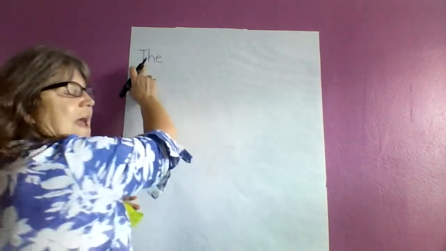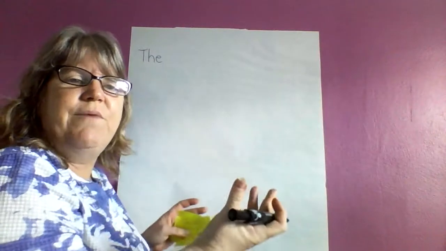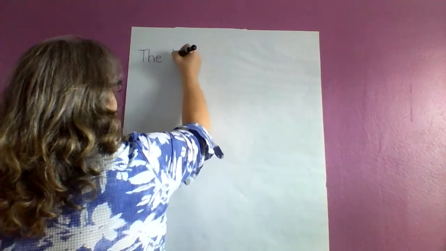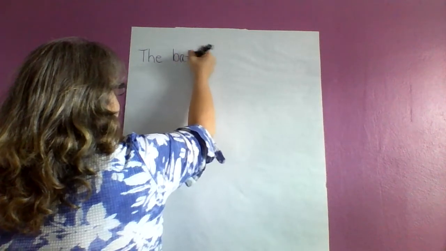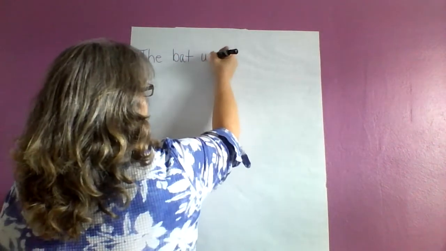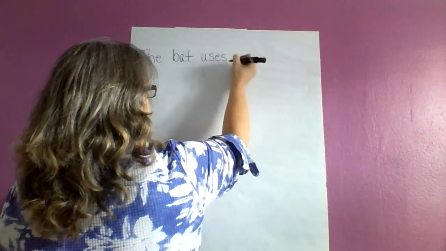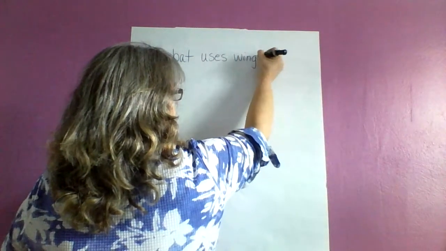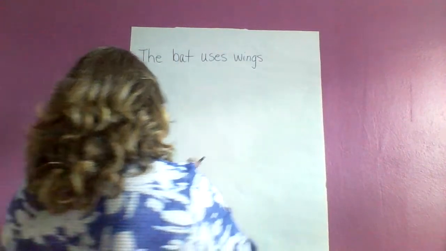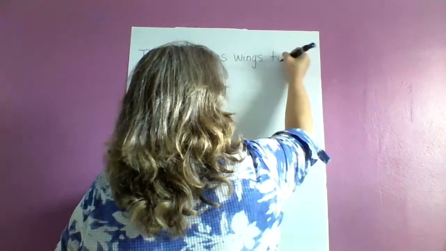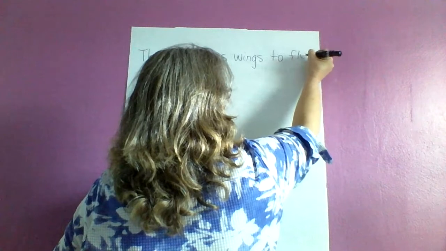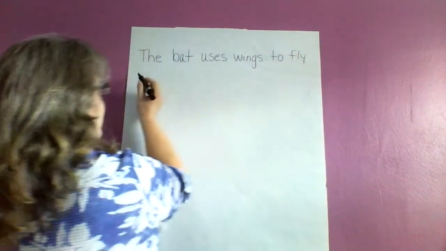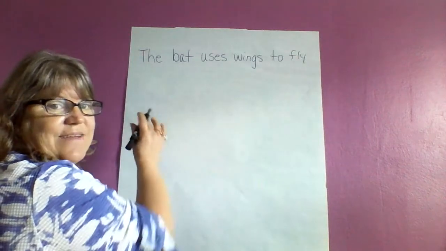I started with a capital, and remember, just like when we're reading, we start left to right. Okay? The bat uses wings to fly. Now I'm at the end here, so I'm going to come back to the beginning of my next line.